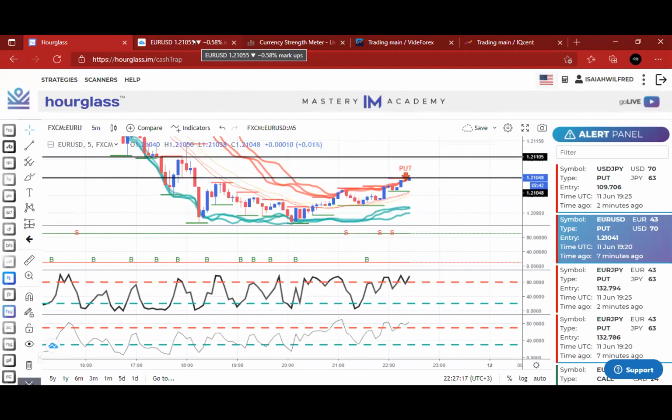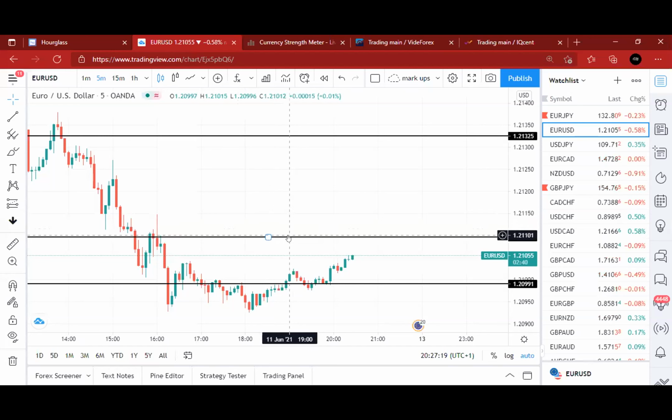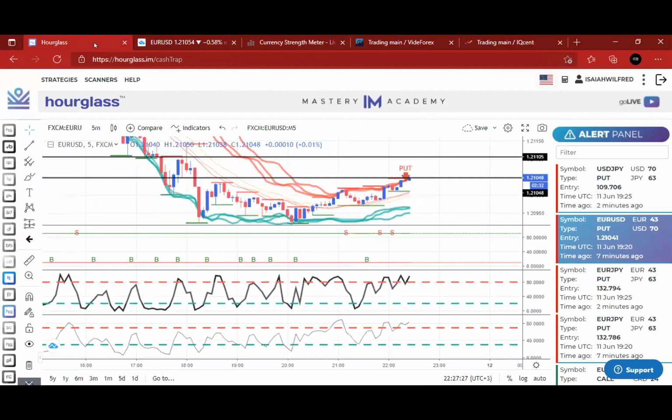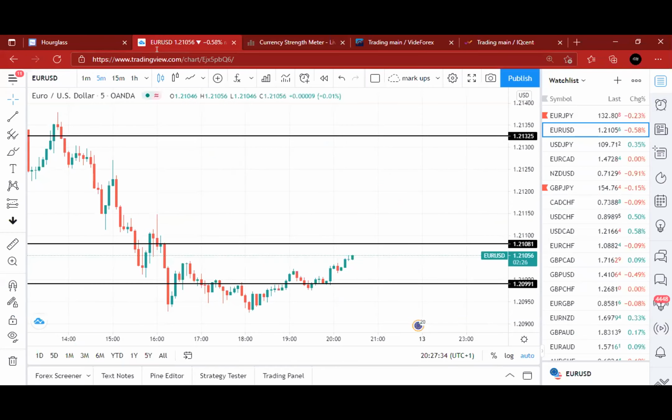You cannot be rolling over on a trade that you took against the currency strength meter and you're now praying that it's going to come up. Guys, you cannot mix hope and faith with strategy. You cannot say, I hope it will come up, meanwhile you took it against the currency strength meter. You cannot start praying for that kind of trade.